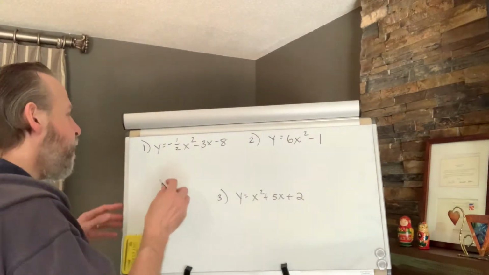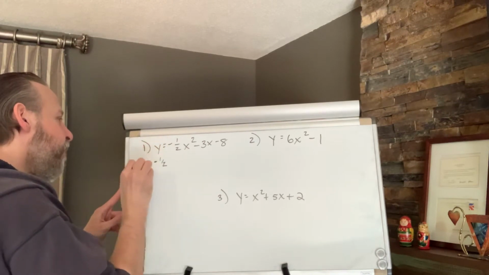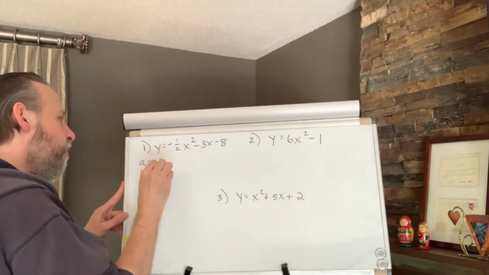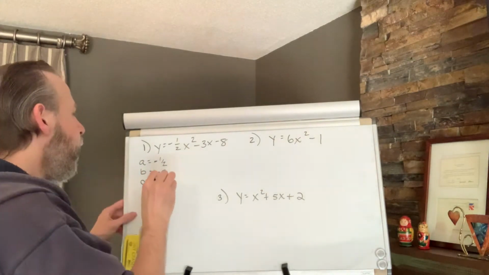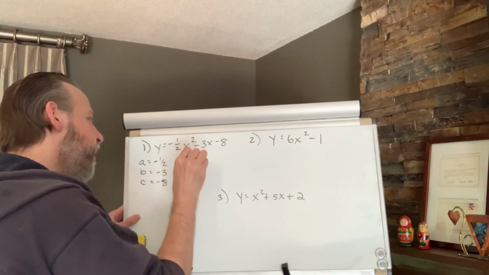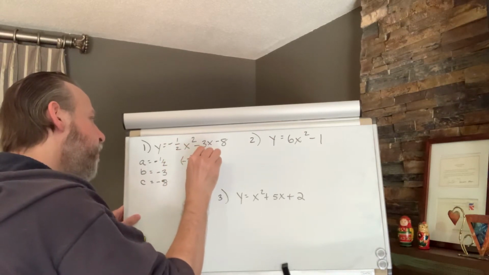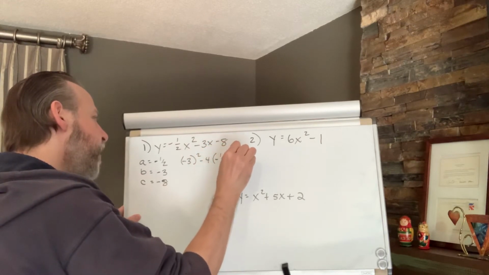Again, identify your ABC, it does not hurt. This time A is negative 1/2, B is negative 3, and C is negative 8. Lots of negatives in this one. So B squared, since it's negative, put it in parentheses, negative 3 squared, minus 4 times negative 1/2 times negative 8.